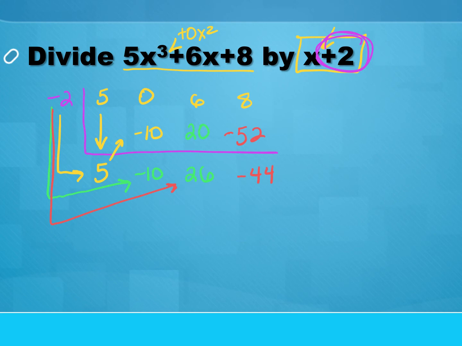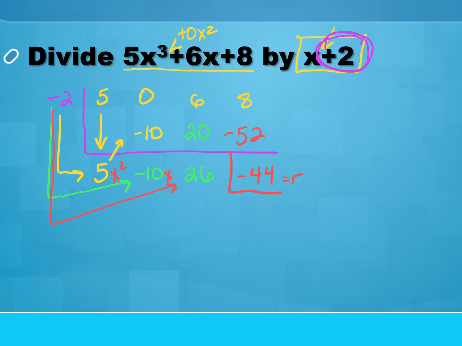All right, so this last number is my remainder. Then as I move left, the next number stays without a variable because that's the constant. The one to the left of it gets an x to the first. The one to the left of that gets an x to the second, and it would continue to move up as I move to the left.